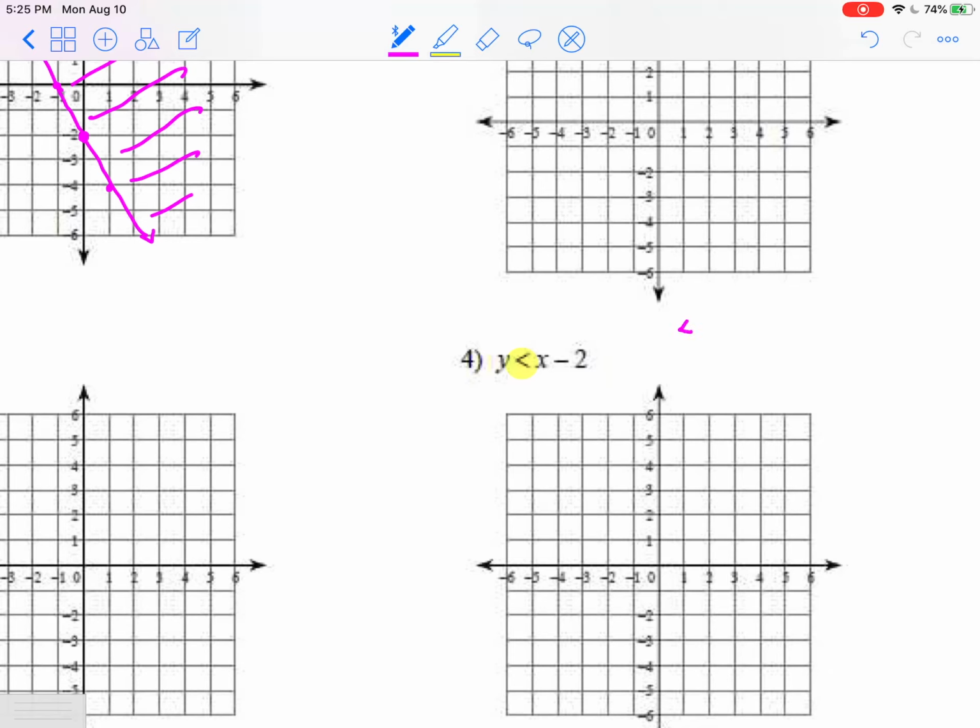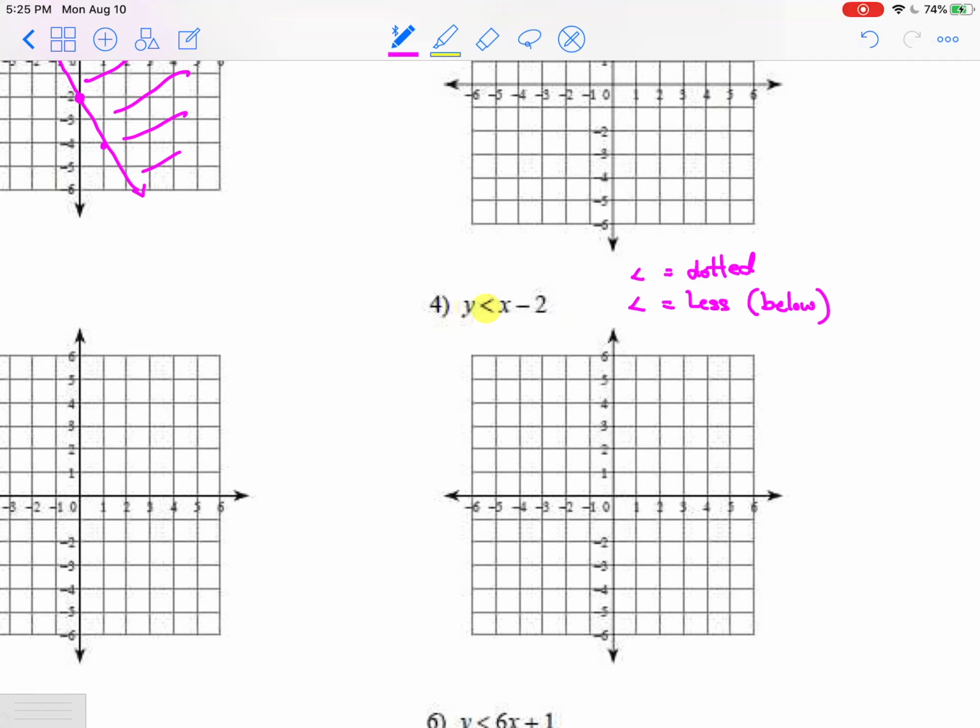So we know that a less than sign is going to equal a dotted line, because it doesn't have that or equal to, so the line is not included. We also know that a less than sign is below. Okay, we're shading below. So now we kind of have a plan here, and we can go ahead and graph this line.